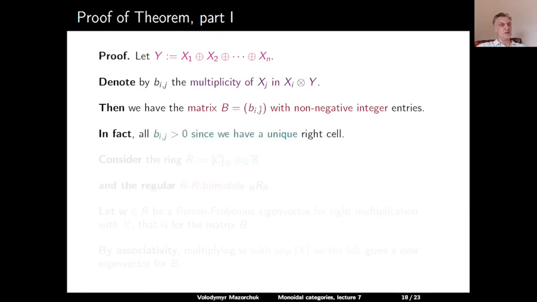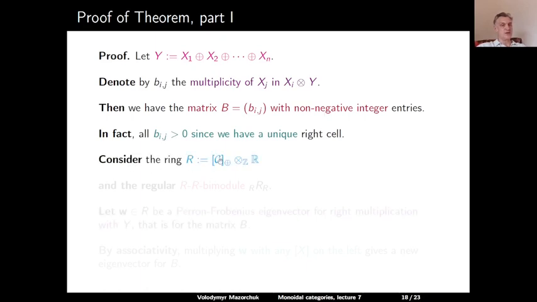However, we have assumed that our category has a unique right cell. So this actually implies that all these multiplicities are non-zero. So our matrix B is a matrix with positive integer entries. And so we can apply to it the Perron-Frobenius theorem.